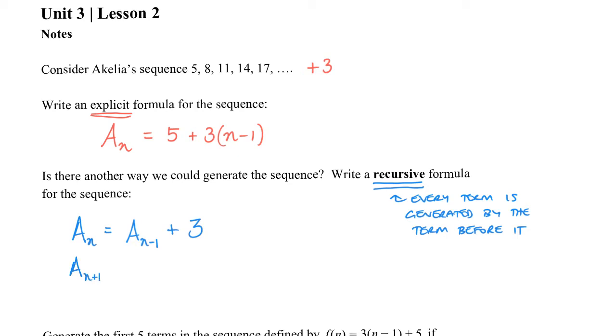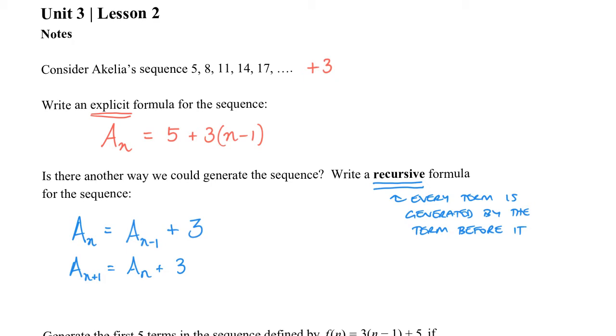You could take any term, and you're taking the one before it. So if I'm looking for the 50th term, that would be 49 plus 1, which gives me 50. So the 50th term is the 49th term plus 3. It's the same either way.